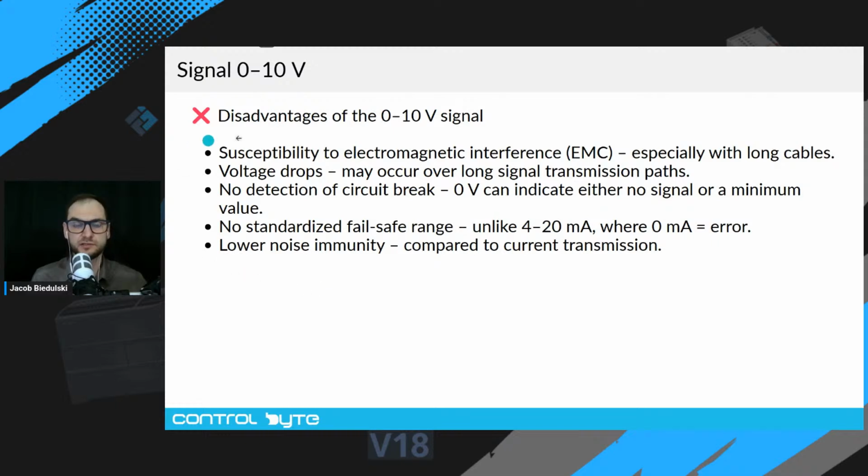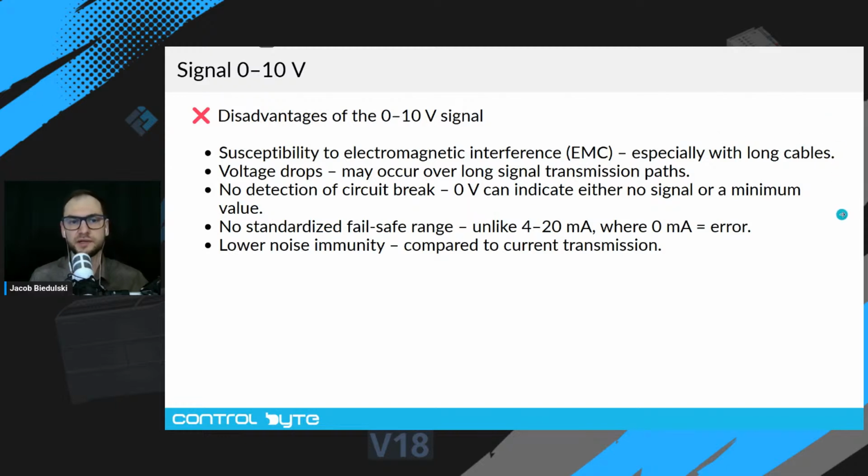What are the disadvantages of the 0 to 10 volts signal? So the 0 to 10 volts signal is worse than current loop because it can be interfered by the electromagnetic fields in your machine, especially when it comes to long cables, okay?